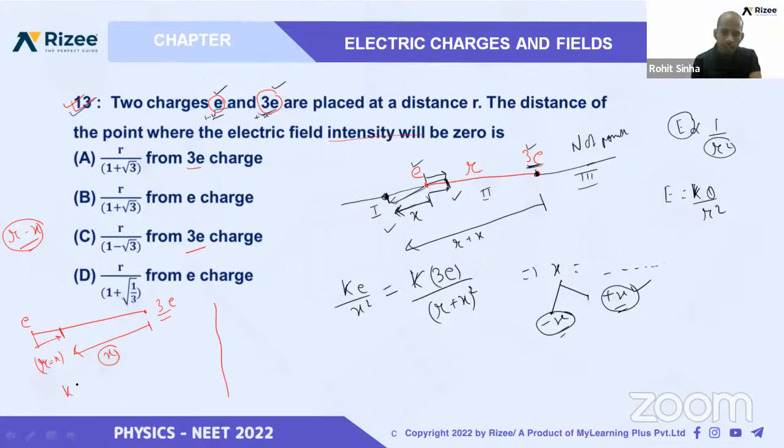We will write k3E by x square is equal to kE by (r minus x) square, and we will solve it accordingly. We have assumed here also this point can be here also. After solving this, we will get the answer, and according to that we will decide if the point is here or on both sides.